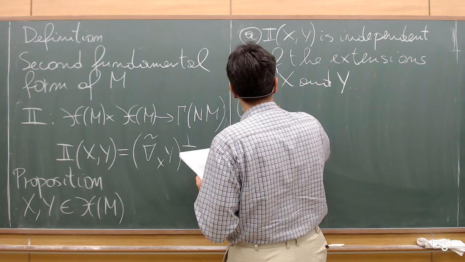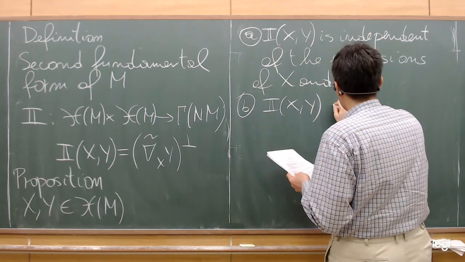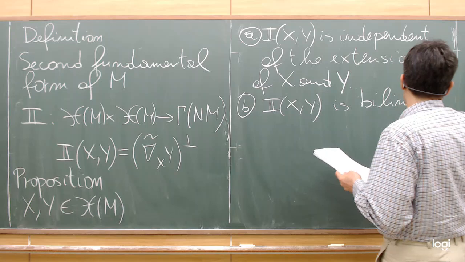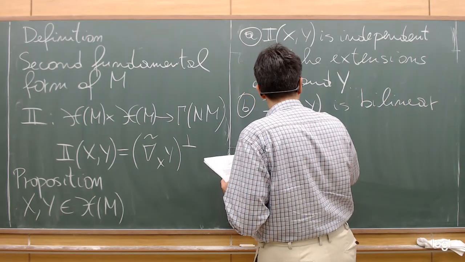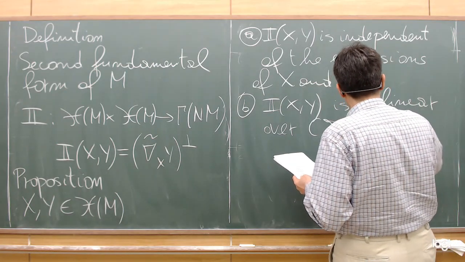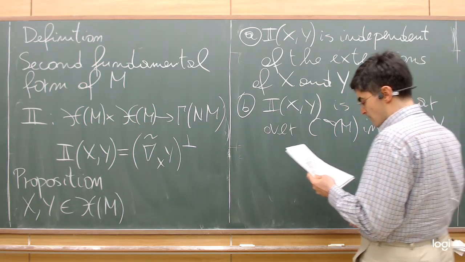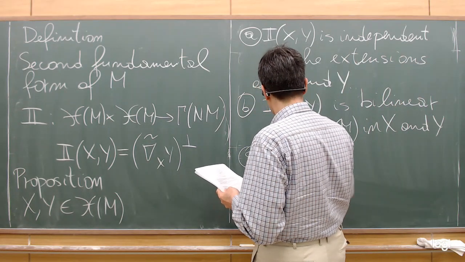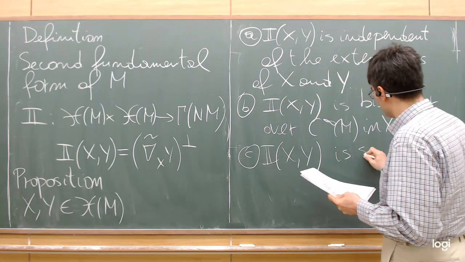B: II of x y is bilinear over C infinity of M in both x and y. C: II of x y is symmetric.